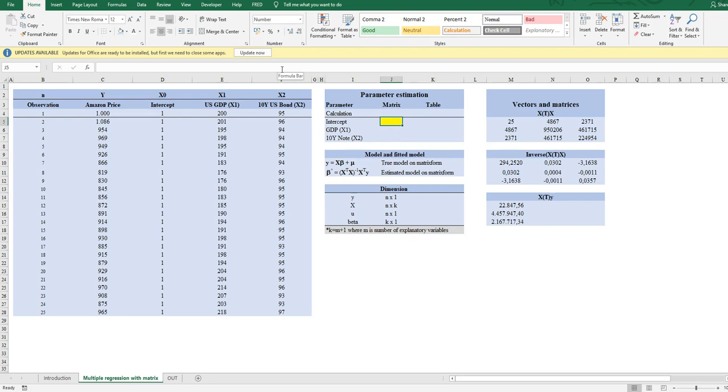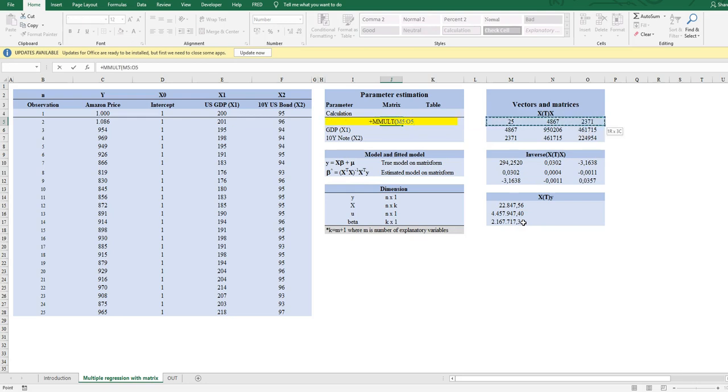I will now try to insert it here, and remember, it's the way the vector is built with the beta 0, the intercept first, and then beta 1, and then beta 2. When I multiply these three expressions, I have a 3 times 1 vector.